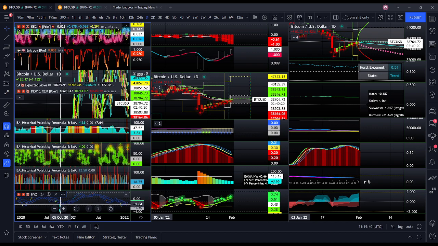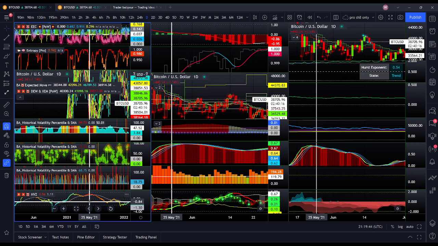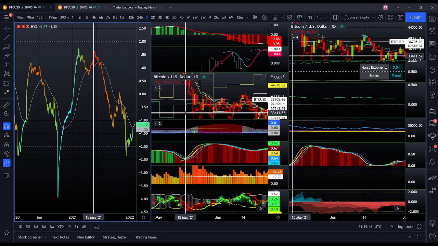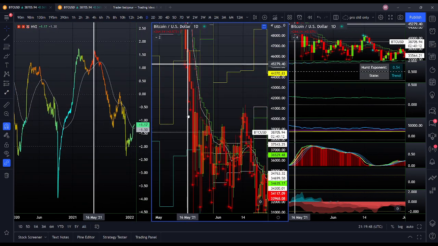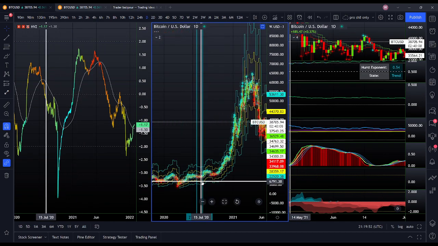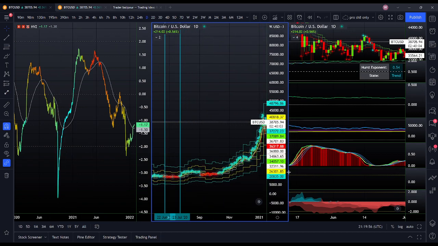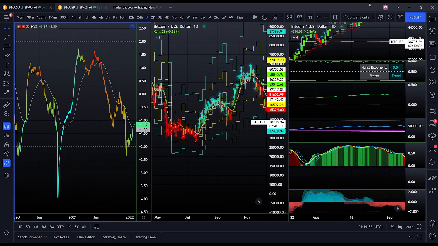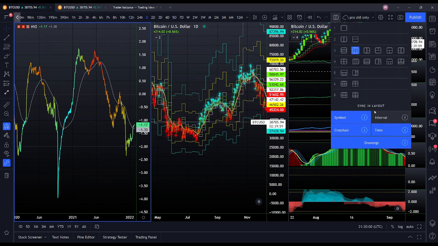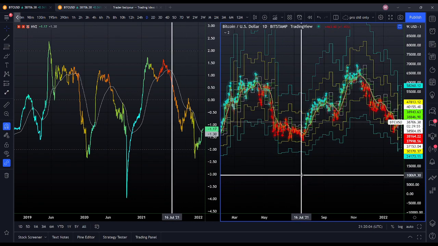Kind of going back, looking at that right there, we can pull this up if we want. And I can even make this 2 panes, and then we can look at it.